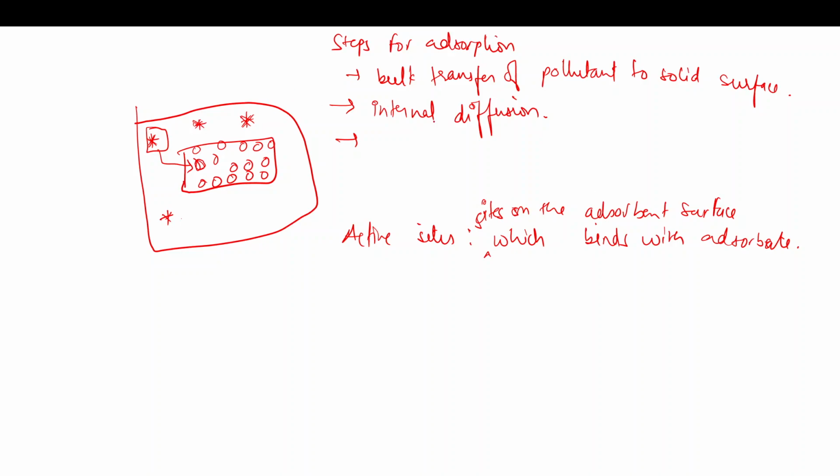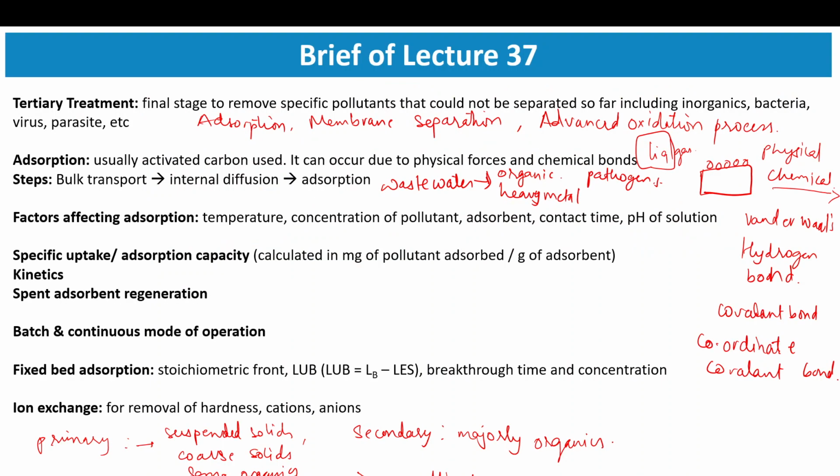Adsorbate is the pollutant here. And the third step is the adsorption on the surface. So these are the steps involved in adsorption.